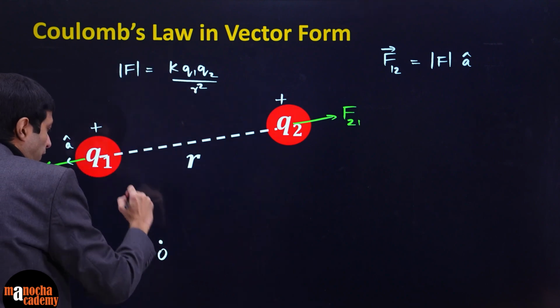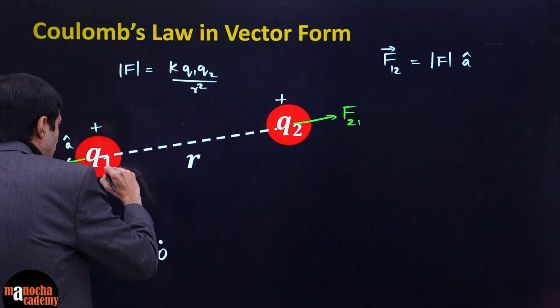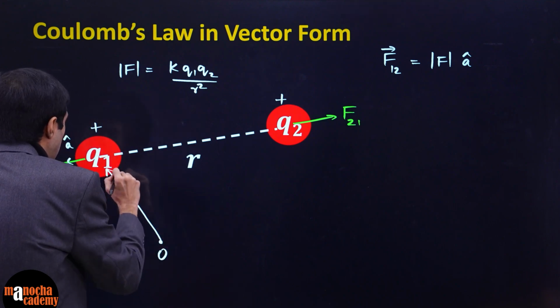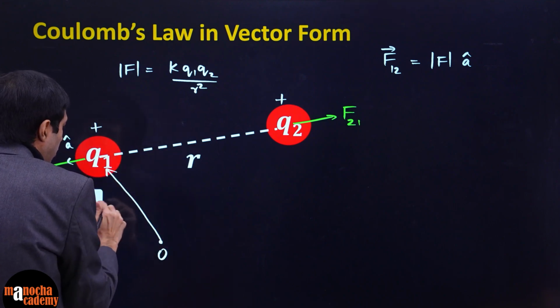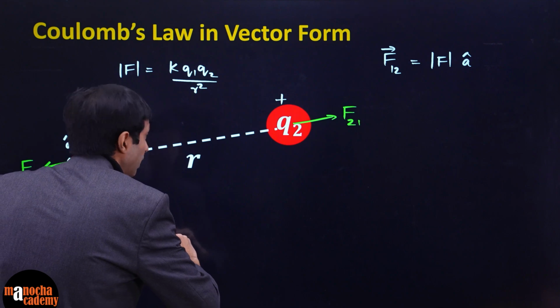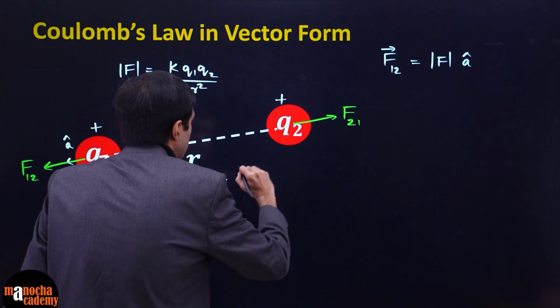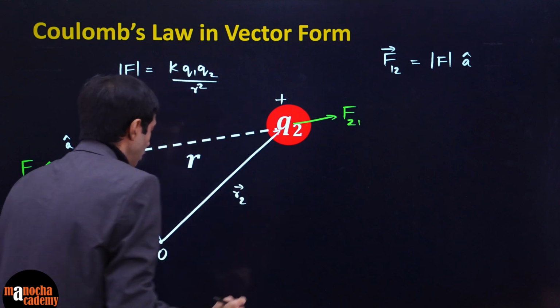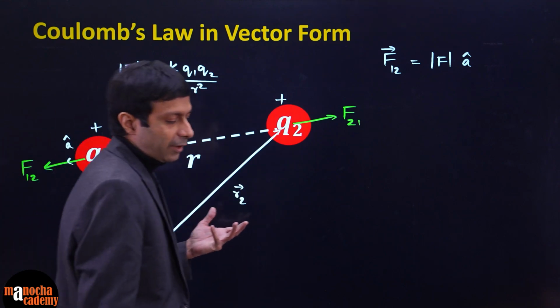So where is this charge Q1 located? It is located at vector R1. And the position of Q2 can be described by vector R2. And again, these are in reference to a certain origin that you have taken.